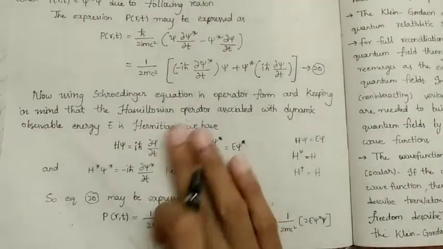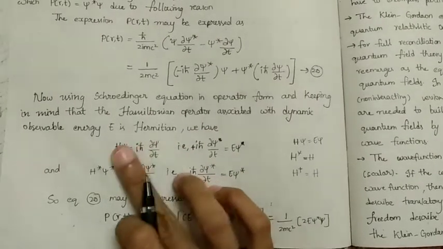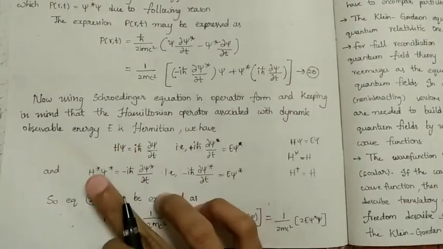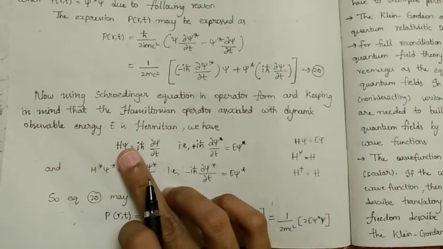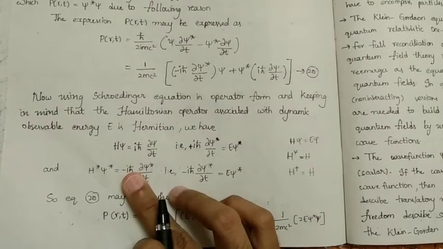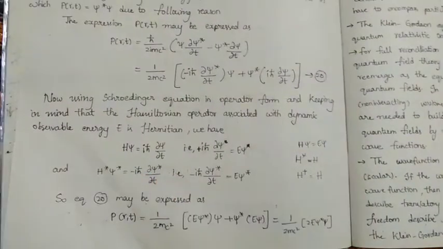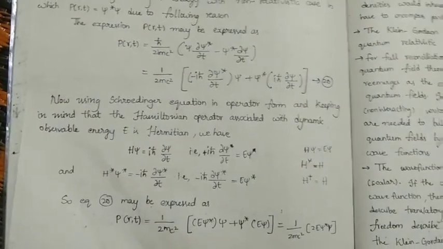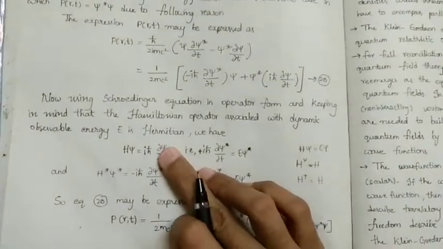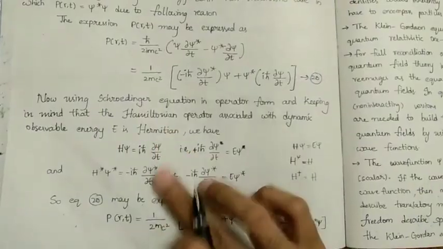Now if we take the complex conjugate on both sides of this equation, we get H star and xi star, and plus i becomes minus i in the complex conjugate. That is, for a plus ib, a minus ib is the complex conjugate. So we get minus i h cut dou xi star by dou t, since the complex conjugate of xi is xi star.